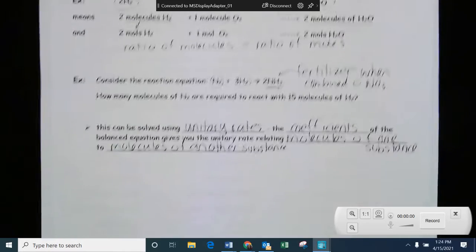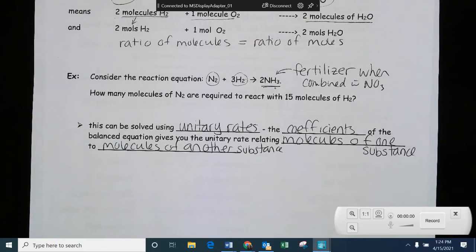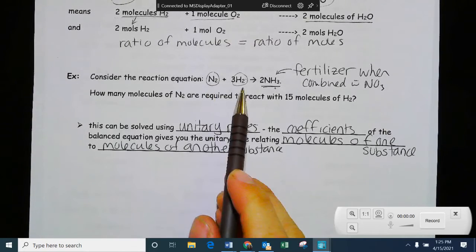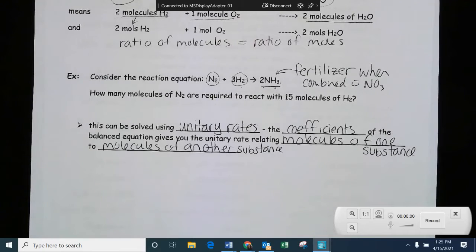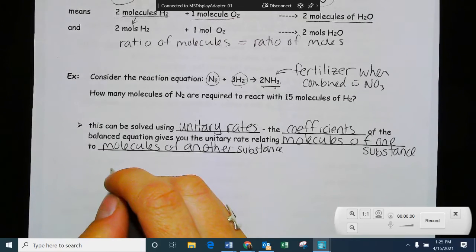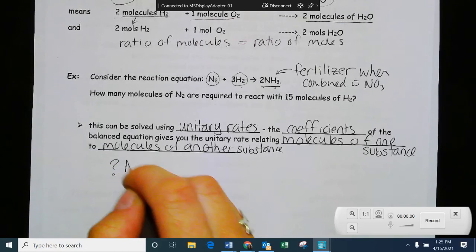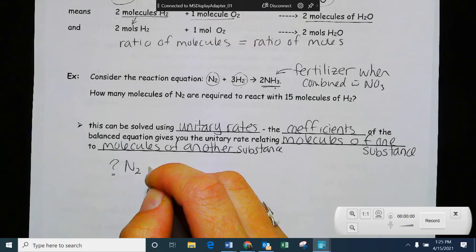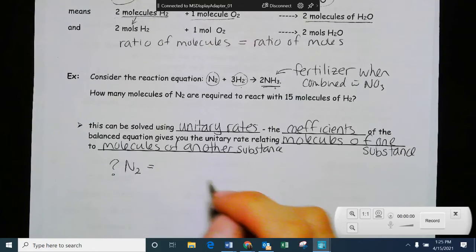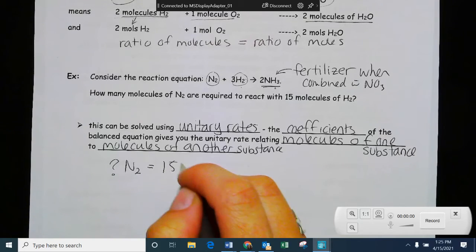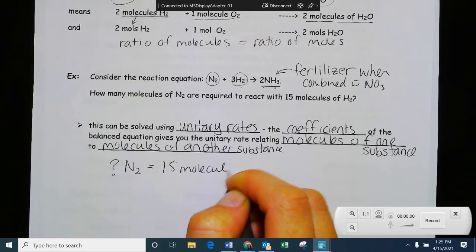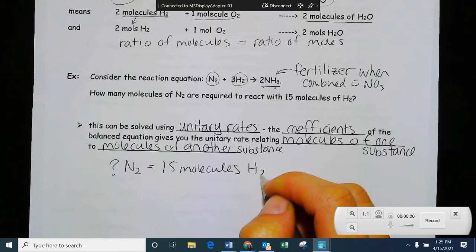So for example, in this combination, going from N2 and H2 to NH3, ammonia, we want to know how many molecules of nitrogen are needed to react with 15 molecules of hydrogen gas.